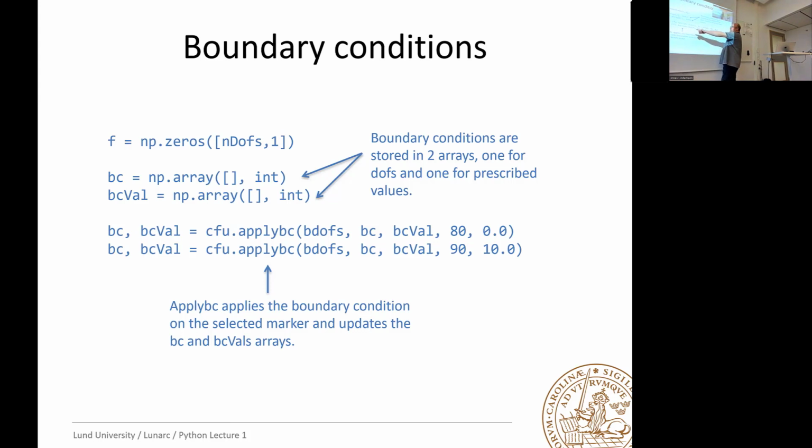And then we can use a command called cfu.apply_bc. We put in bdofs here, bc, bcval, and then the marker number 80. And here we have 0 pressure. And then we have boundary conditions here, bcval 90, we have 10 here. And that will update these variables. So when these commands are applied, these will contain the prescribed degrees of freedom that we have used.